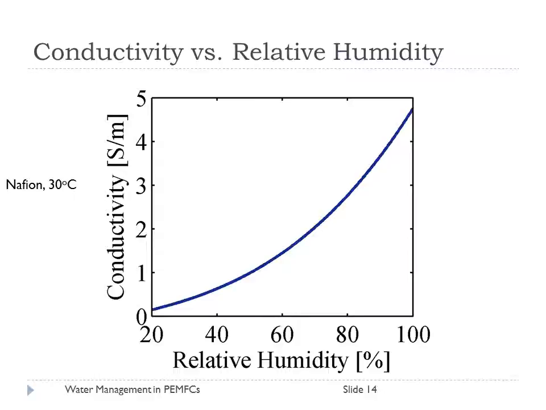So as that goes from, let's say, 20% to 100%, your conductivity increases that entire time. And it's not linear. Between 80 and 100% relative humidity, you have the largest change per change in relative humidity.